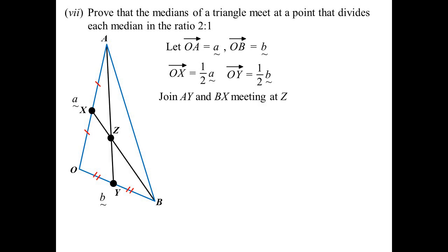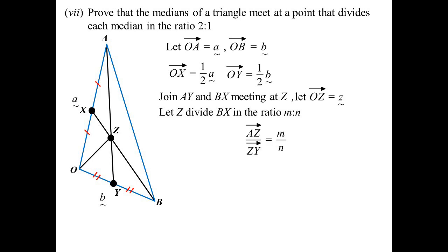So I'm going to draw in the two medians coming from those points. I'll also join up O to Z, and that'll be just the vector Z, because again it's coming from the origin, so I'll call it the position vector Z. Now that point Z is going to divide BX in the ratio M to N. I could have just as easily chosen AY because they're both medians, and we want to show that that ratio is 2 to 1.